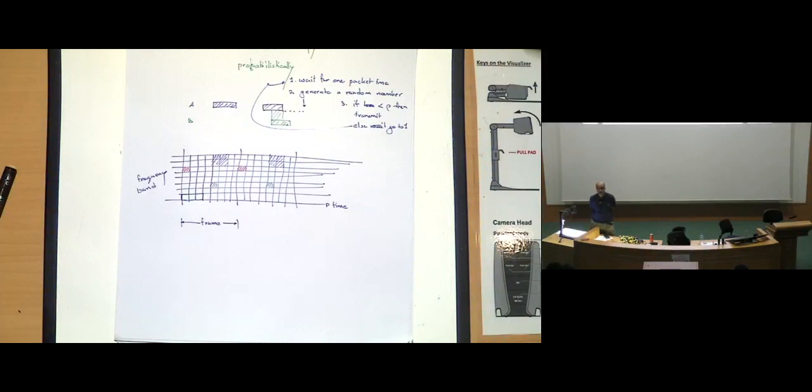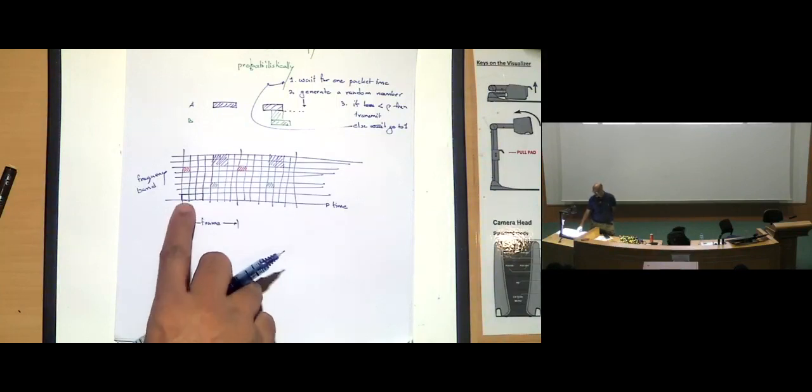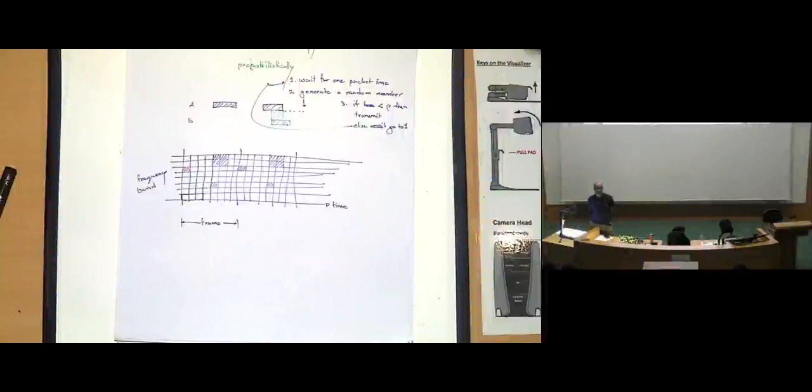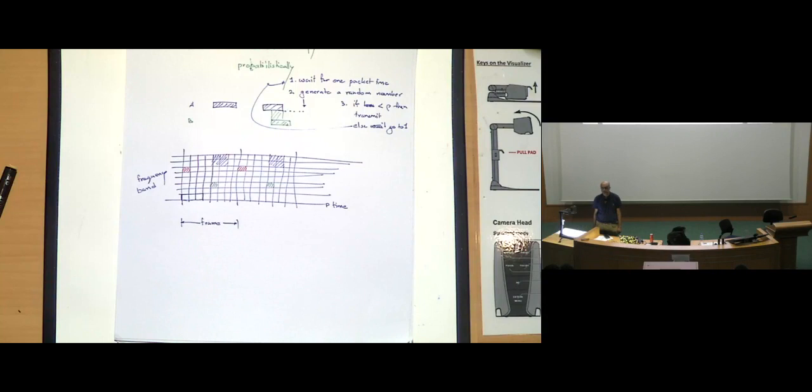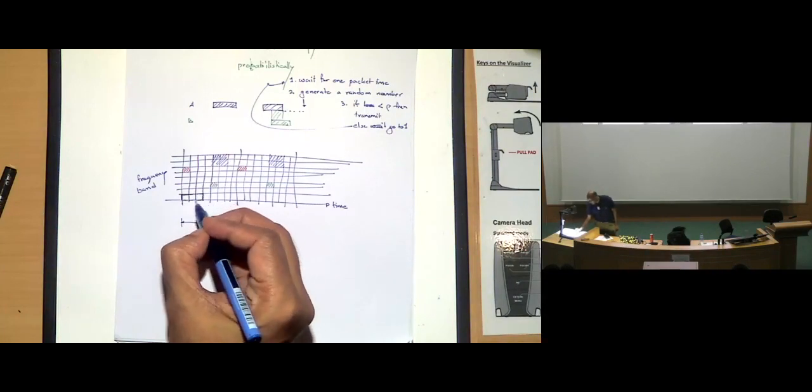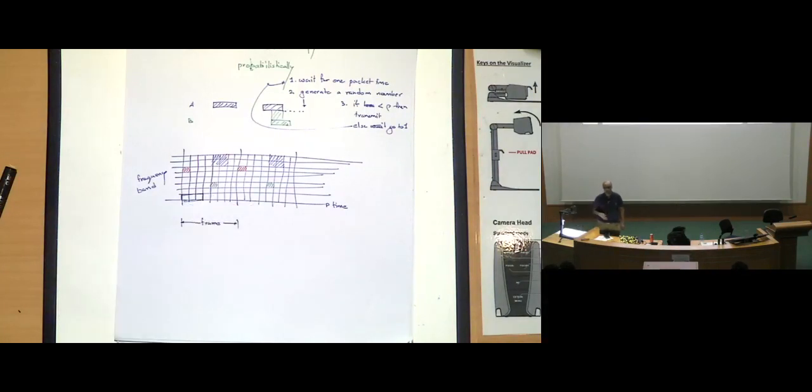So nothing is assigned to anybody. Anybody can transmit in this particular slot. And then you send a request to the base station and say, I want to make a call. And then next time around, the base station will send you a special message saying, all right, I have allocated this red slot to you. So it keeps aside a bit of the resources where everybody can do slotted Aloha.